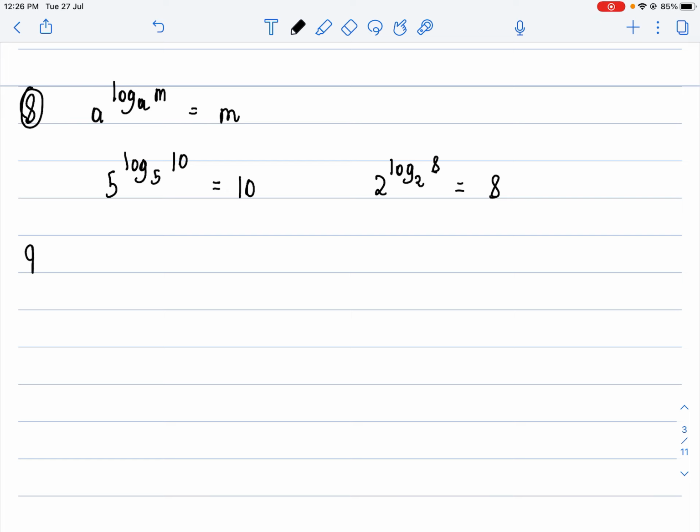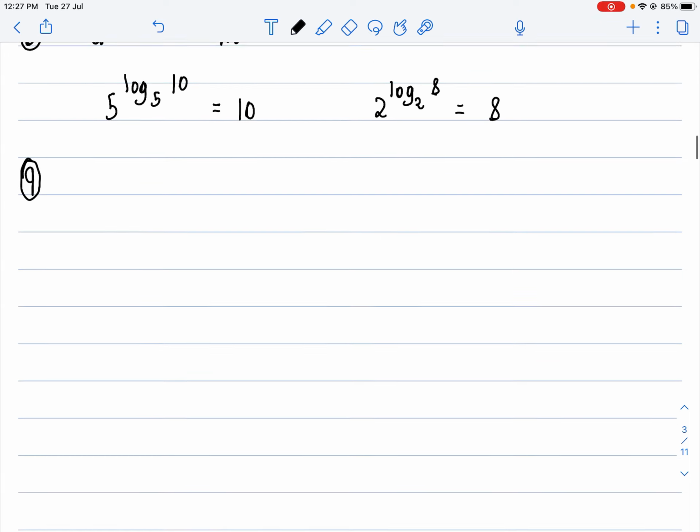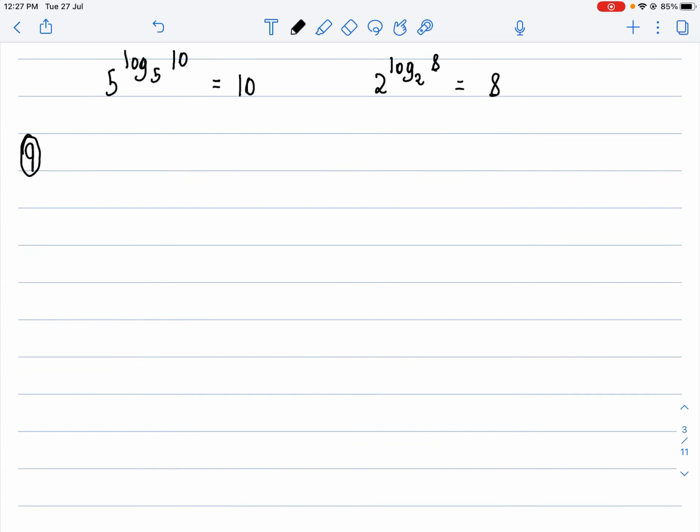Now I have property number 9. Okay, a very important property. Let's say I have log of a raised to m on top, and in the base I have b raised to n. I can write this as m over n with log a with the base b.